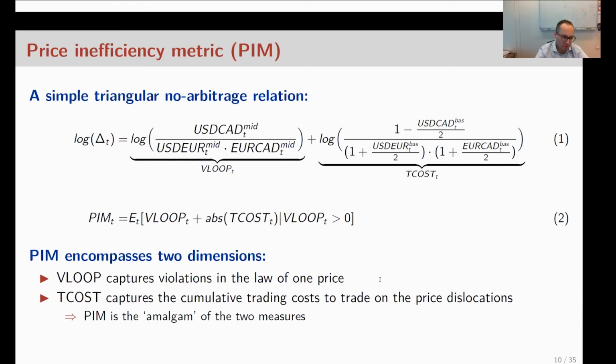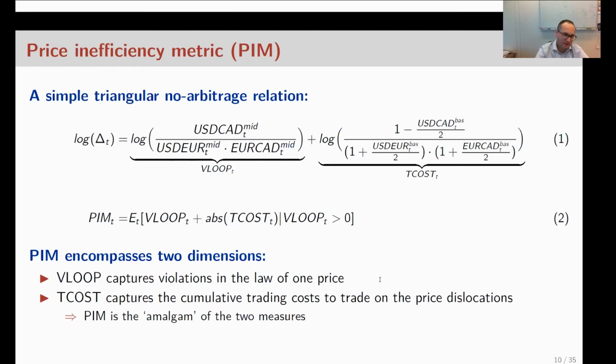And then we exploit a basic fact that bid and ask quotes can be expressed as essentially the mid quote plus or minus the respective half spread, and so then we have this second component here, which is called T cost in our case. And VLOOP and PIM essentially capture these two key components.